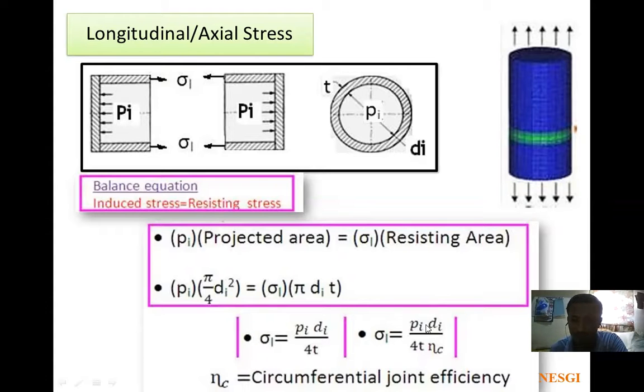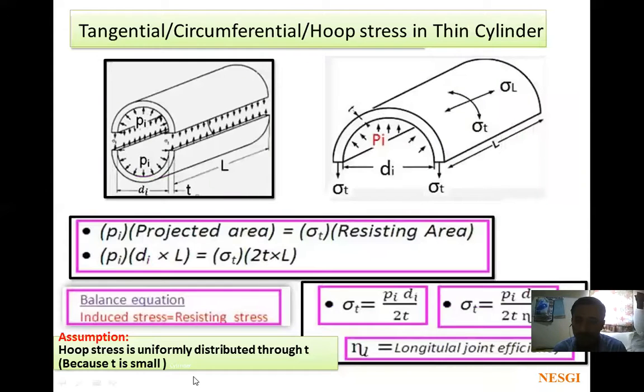Again the same equation by adding efficiency, where eta C is the circumferential joint efficiency, otherwise the efficiency of a circumferential joint. Here you need to understand that if you compare the equations of both stresses, sigma T is pi into di by 2t into eta L. If we consider efficiency in both cases as 100%, then we can neglect it, meaning it will become 1.